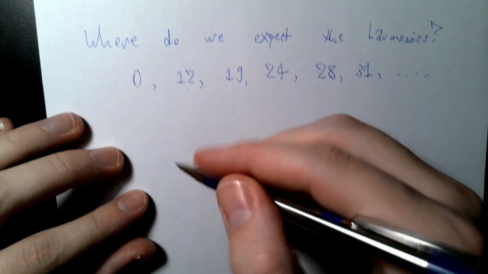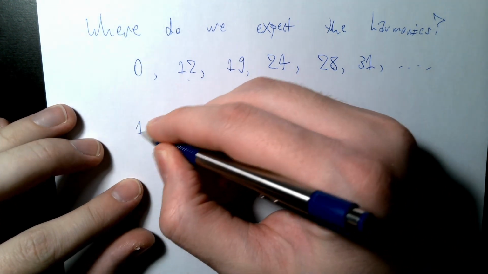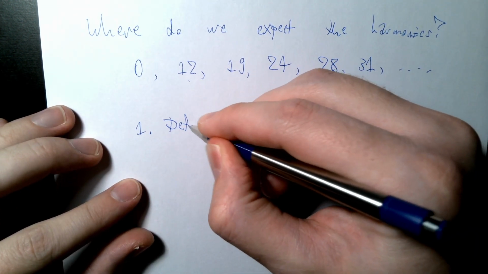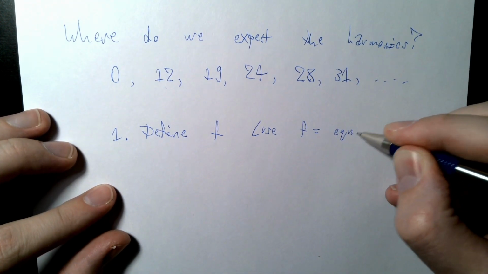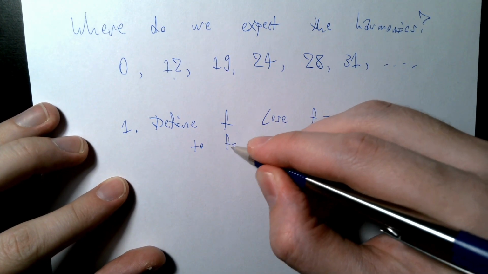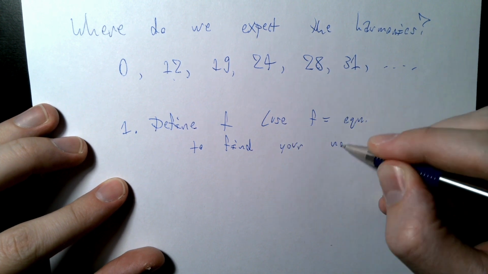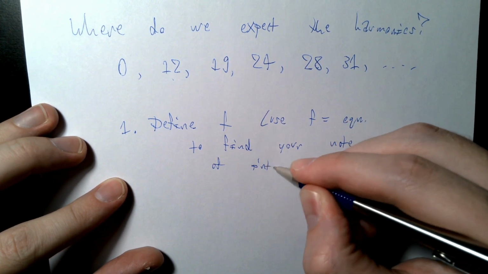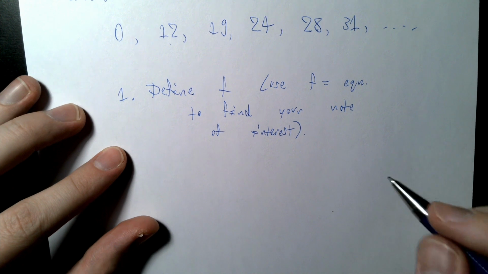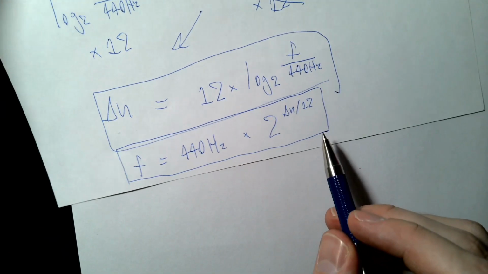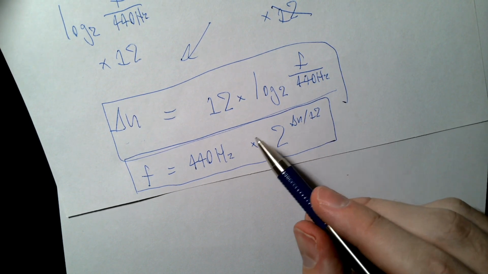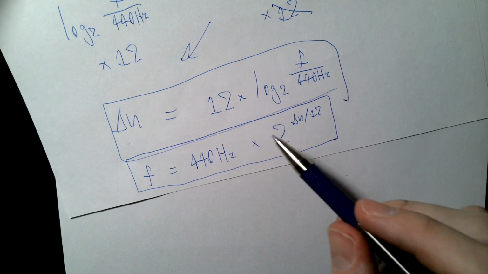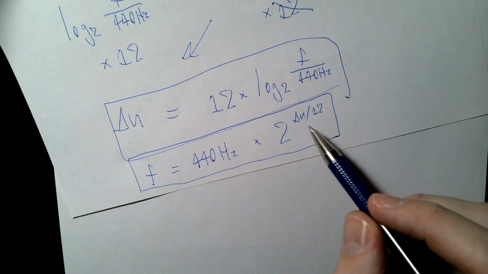And just as a reminder of what we did to find this. First, define F. Use the equation to find your note of interest. So that's step one. And we used this equation, but in our case, I just set that to 0. I'm like, let's just do the A4 note. But you can set it to any note you want.